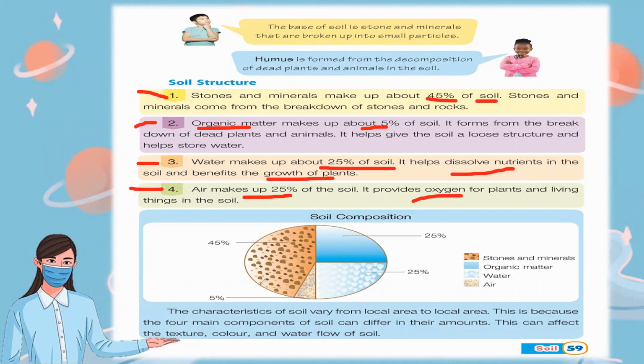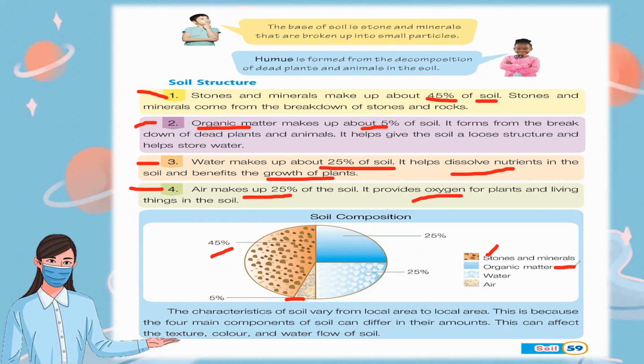So here you can see, students, on the graph, we have 45%, which is stones and minerals, okay? Then we have 5%, you can see here, that one is the organic matter, right?